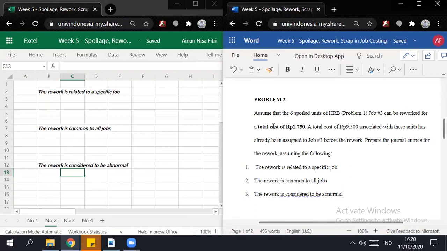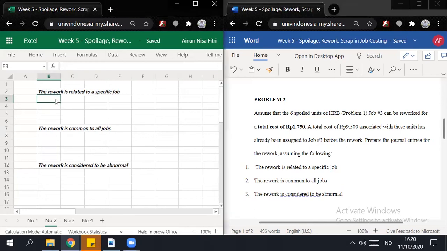So it is quite easy. All you have to do is only copy the total cost. You don't need to do the calculation because it is already stated that the total cost is 1,750. What makes it different is the journal entry, and you will see it later.